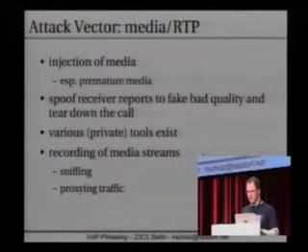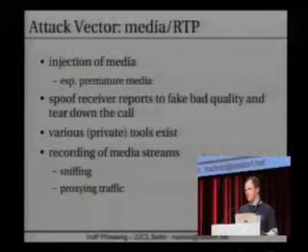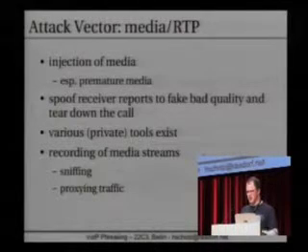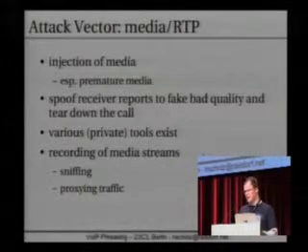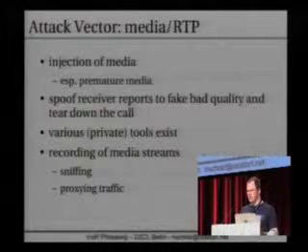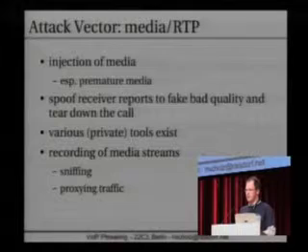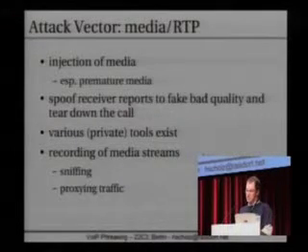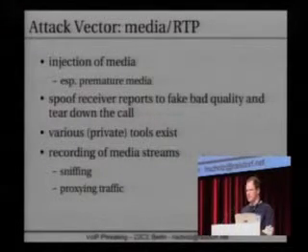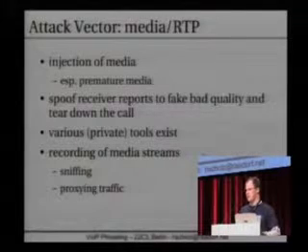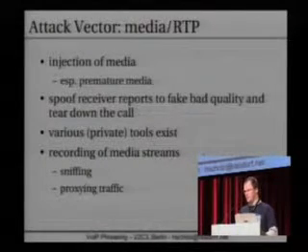Or you can do spoof receiver reports. RTP has something called RTCP, it's a control protocol, and if you're sending RTP media to a client, the receiver report is from the receiver, obviously, and contains information about the quality, like delay, jitter, if there's any packet loss and something.